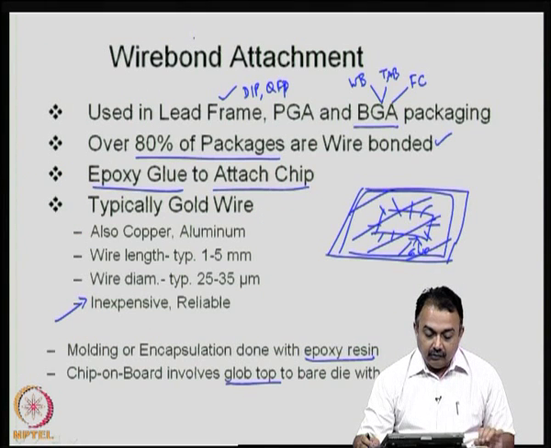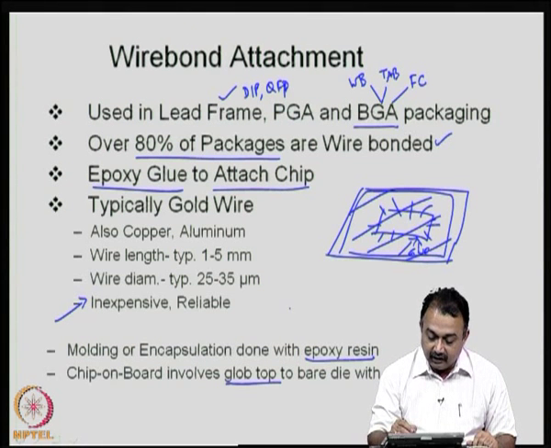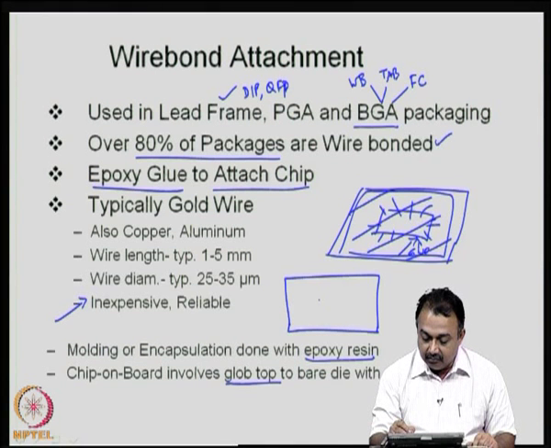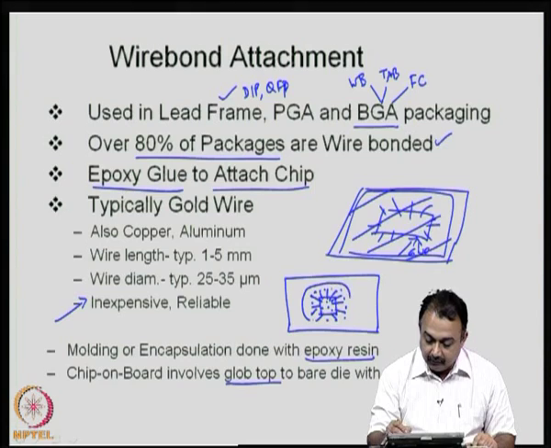So, wire bonding is considered more economical, and the advantage of using wire bond is that if you are going to use a printed circuit board, and if you use a bare die, and if there are bond pads on the die, you can create bond pads on the organic substrate. You do a wire bonding using a wire bonding equipment, and then put a glob top.